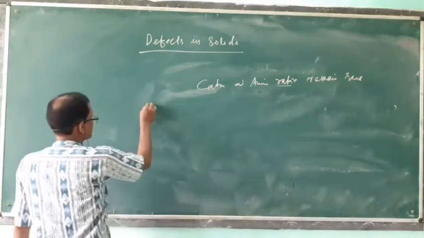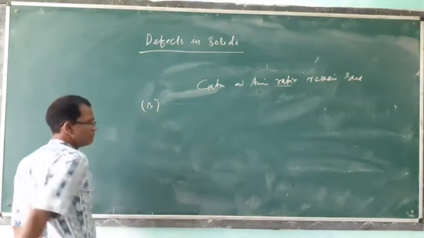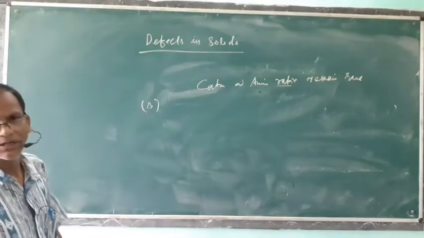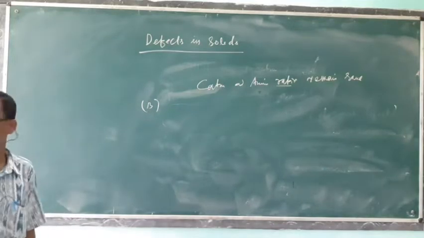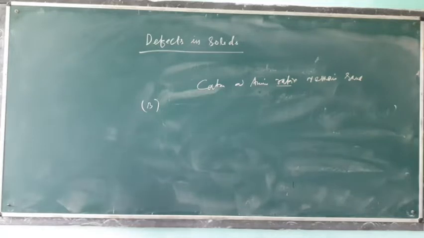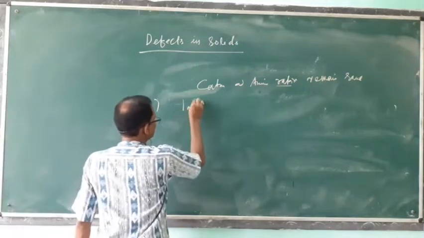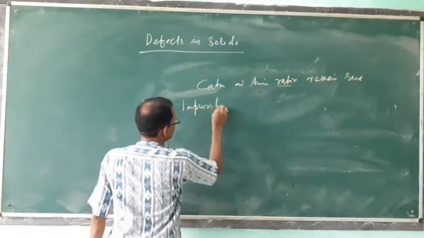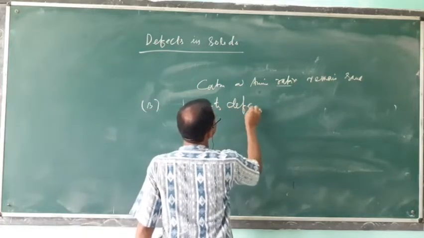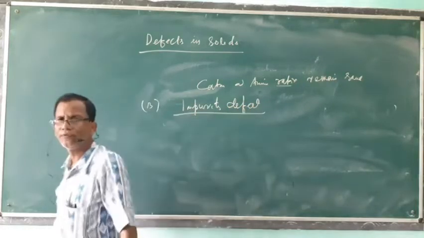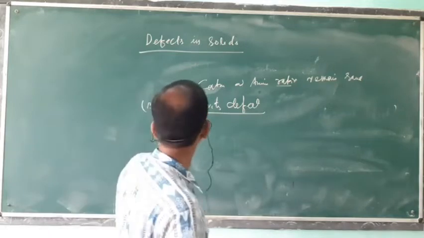Then your second type of point defect is called impurity defect.